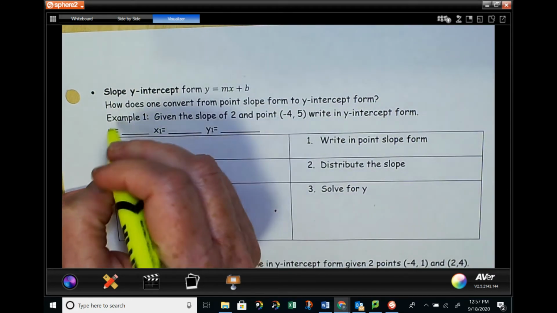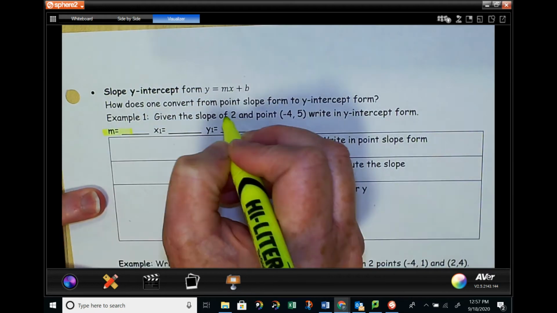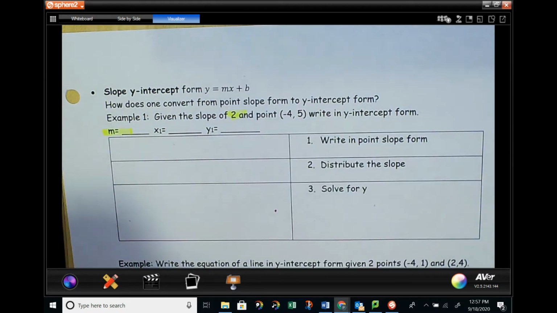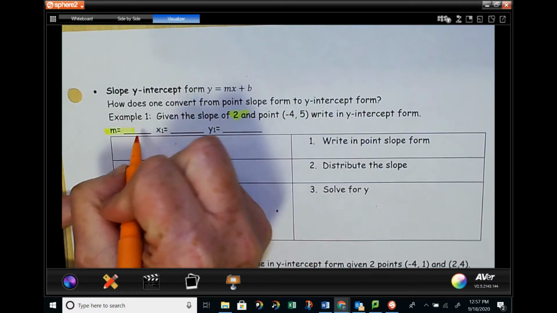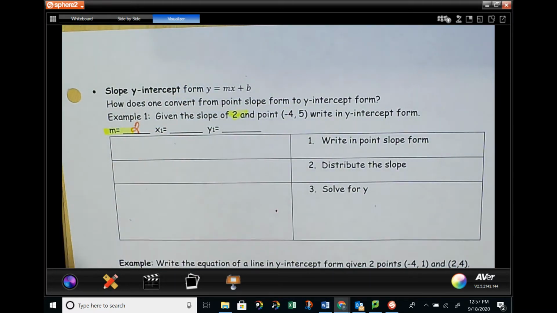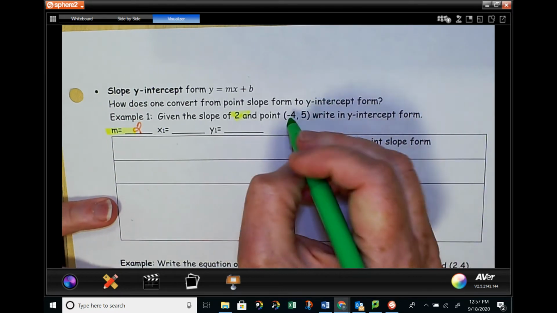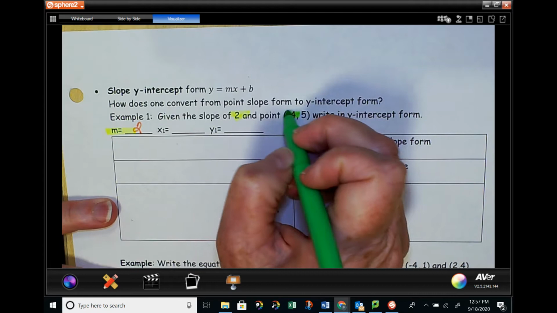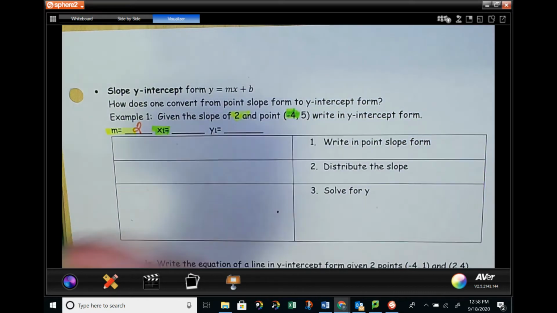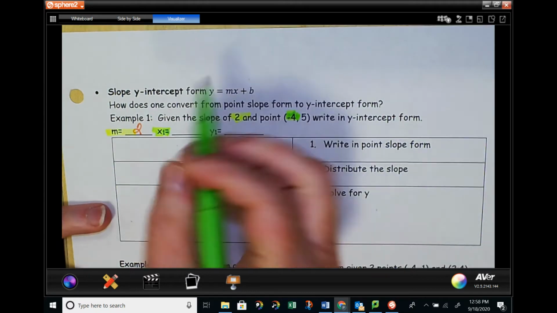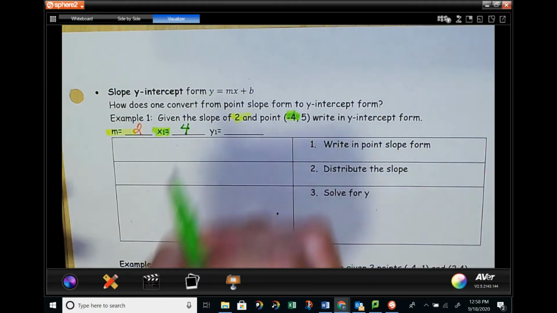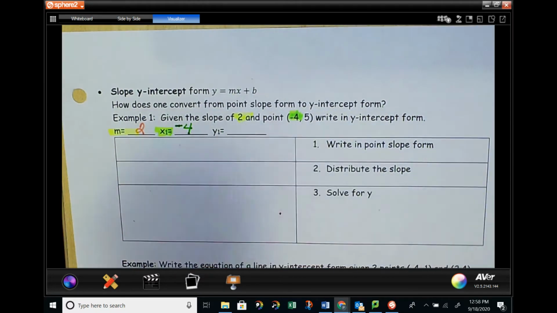So again, your slope here is m, so that's 2. So I'm going to put down that number 2. And then x1, and remember, it doesn't matter, is going to be 4, or negative 4, excuse me. x1 is negative 4.